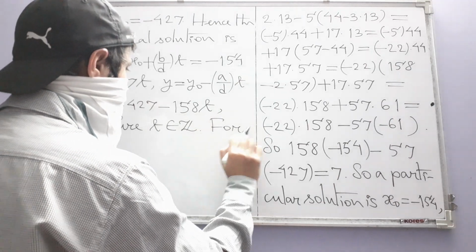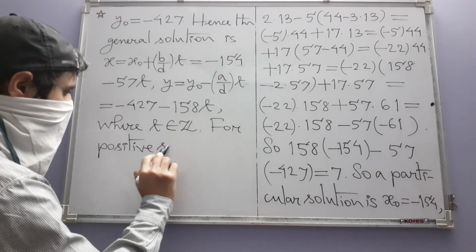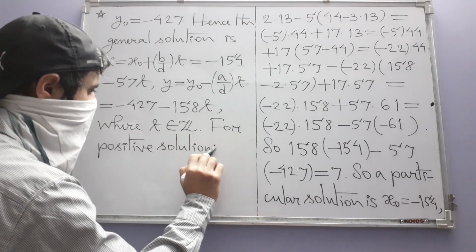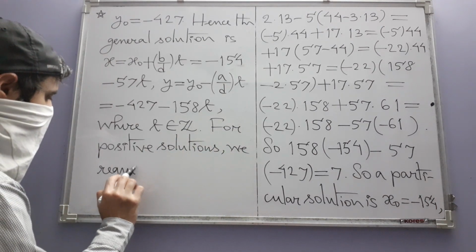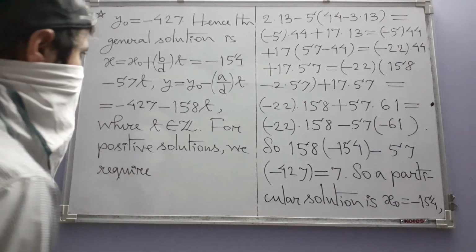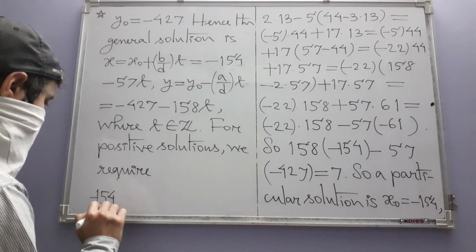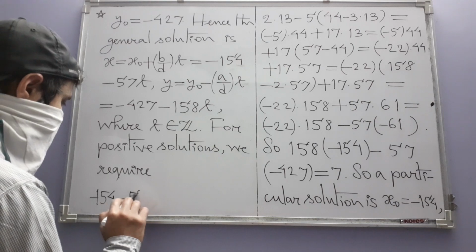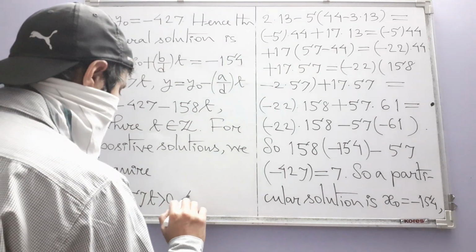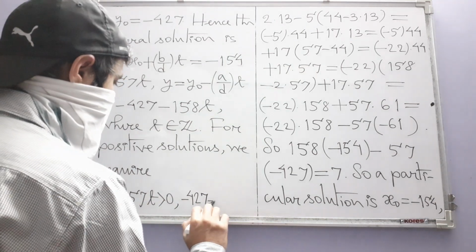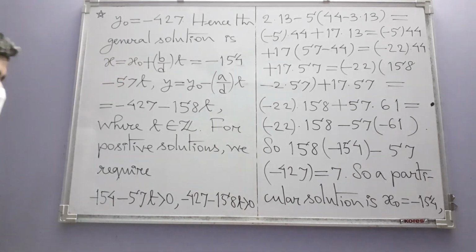Now, for positive solutions, we require or we seek these, minus 154 minus 57t to be positive, and also minus 427 minus 158t to be positive.